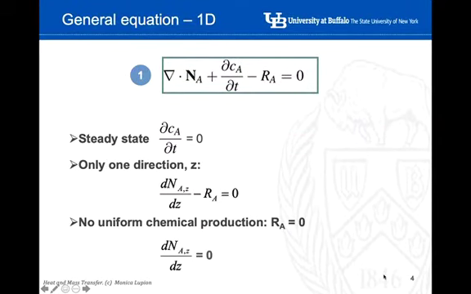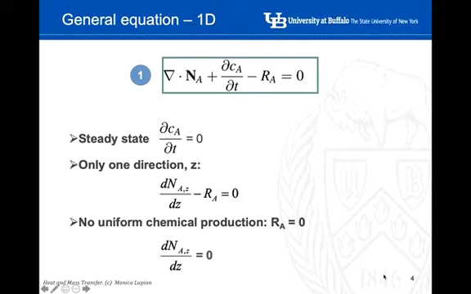So what about the first equation, the general equation of mass transfer? This equation has different terms, different elements. When we consider a steady state, we can cancel one of these terms, the derivative of the concentration of element A over dt.